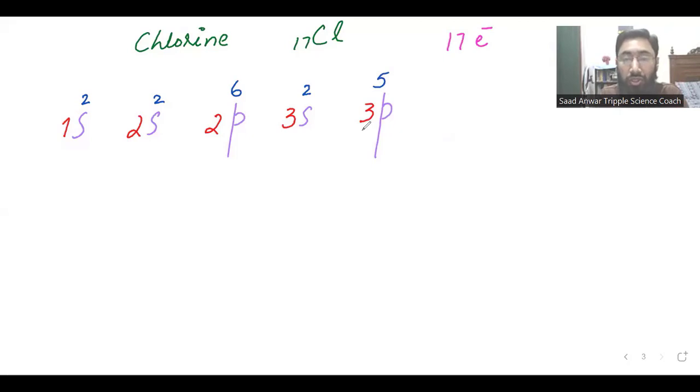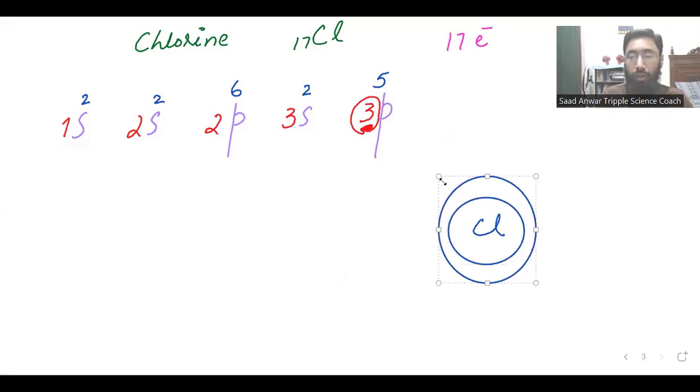Now this three is giving me a hint. This 3 is informing me that for chlorine I need to draw a total of 3 shells.